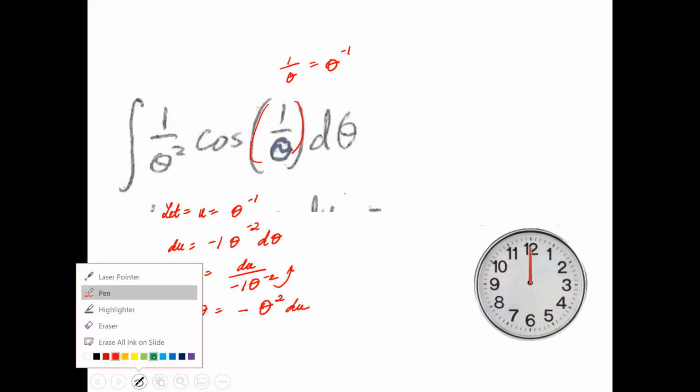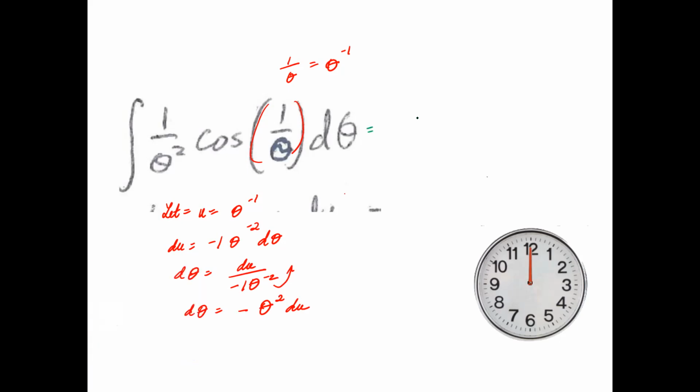Okay, so then once I have that, let's rewrite this. I have the integral of 1 over theta squared cosine u times, in place of d theta, negative theta squared du.